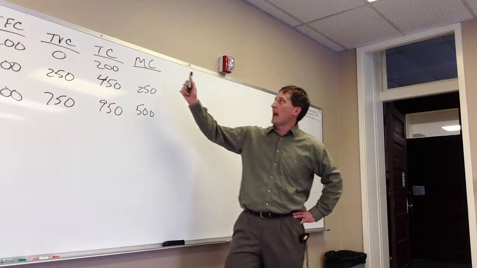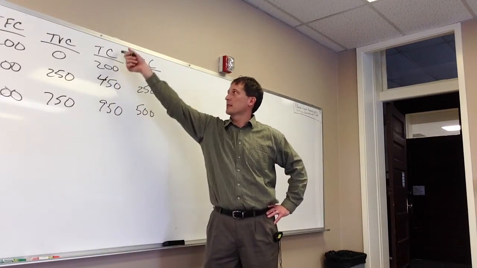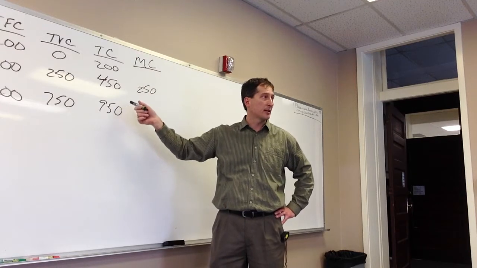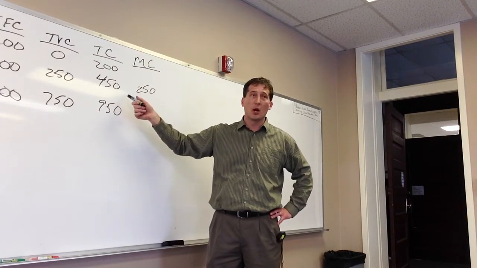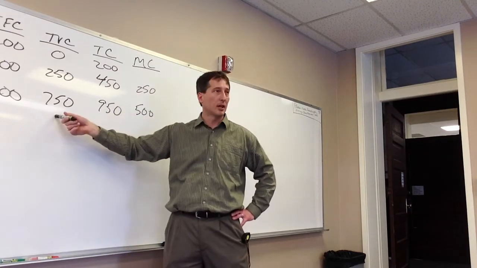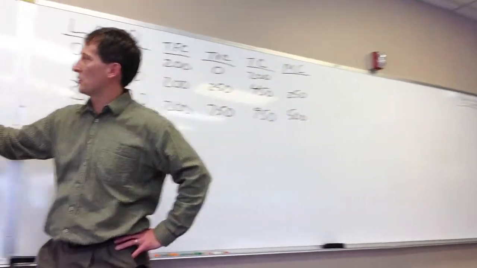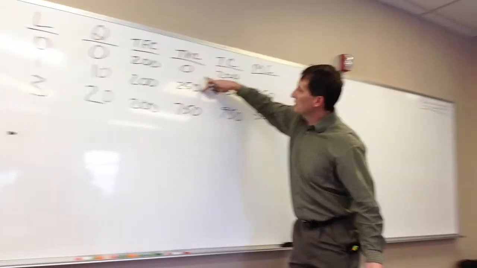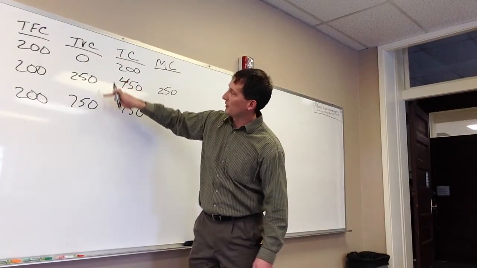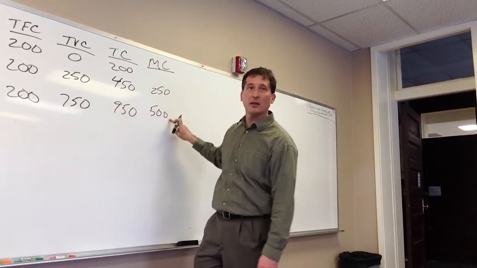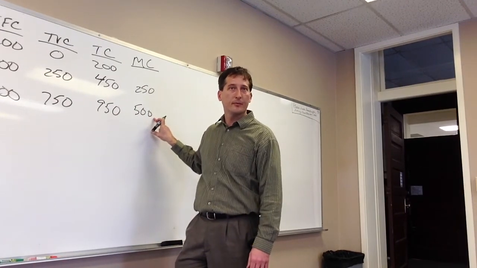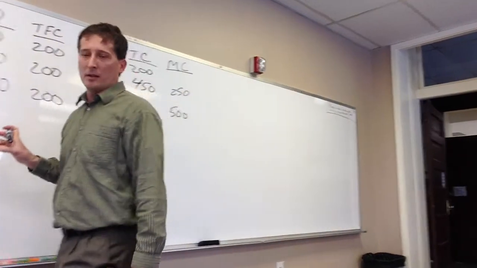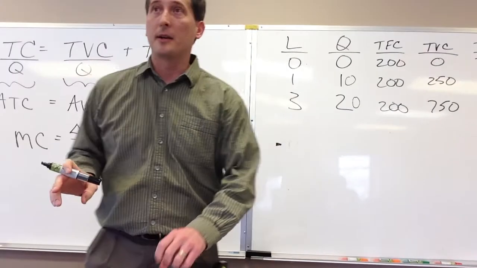Next question, did we have to calculate this column like Rhiannon suggested? No. Good, right? Because we know that this is true. And you can see it come out now. 0 to 250, 250. 250 to 750, 500. Okay? All right, questions on that one?